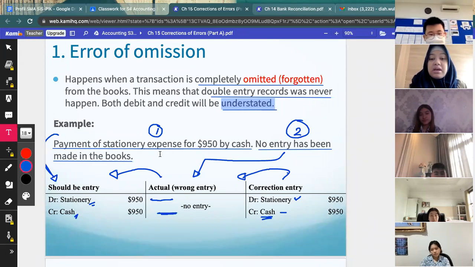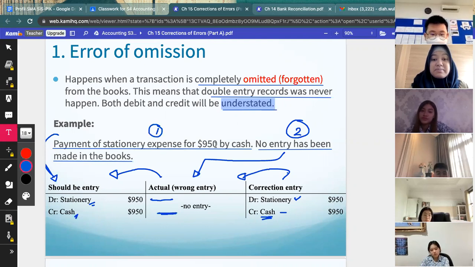To solve an error, I usually make a 3-column. This is to help us to make a correction. Okay, the first column is the should-be entry. The should be means how you should record these transactions, the correct way. Yeah, so let's see the number 1 transaction.